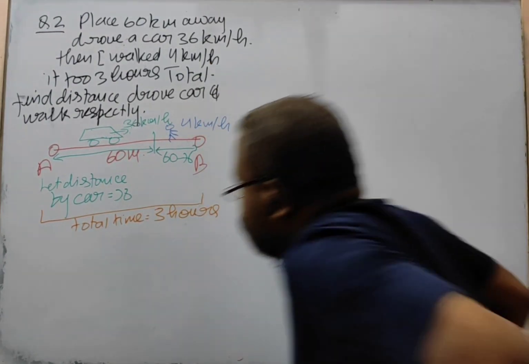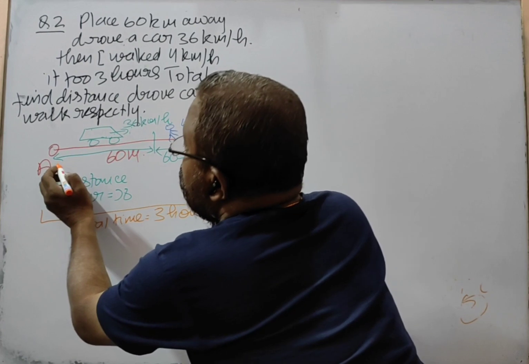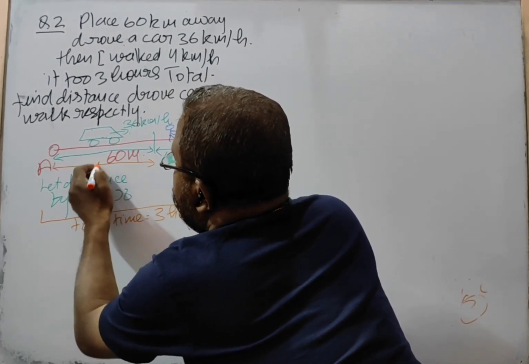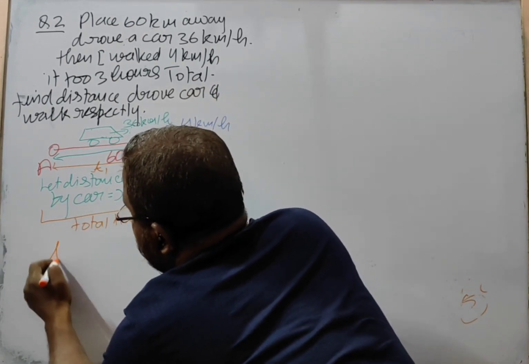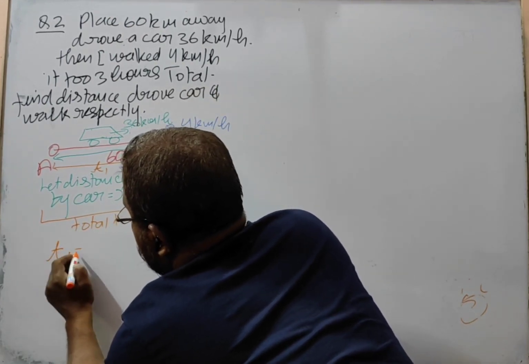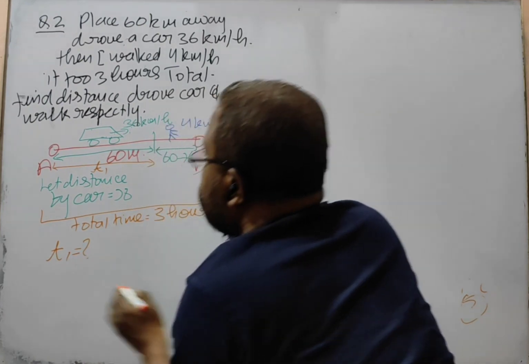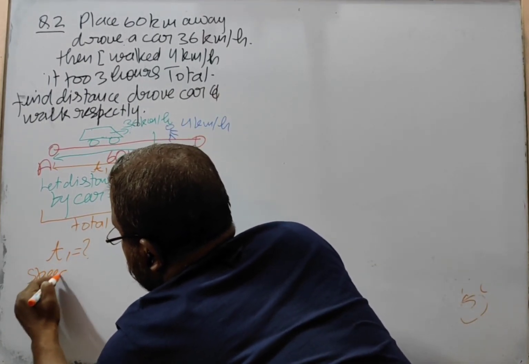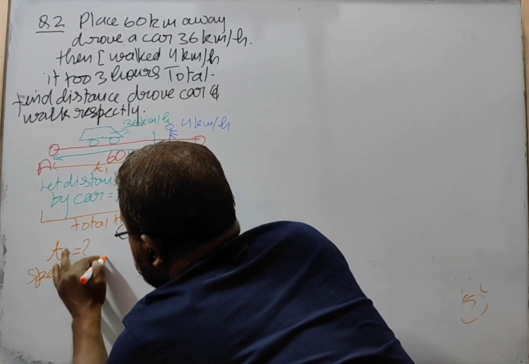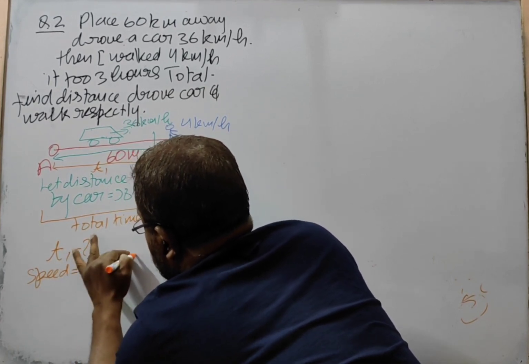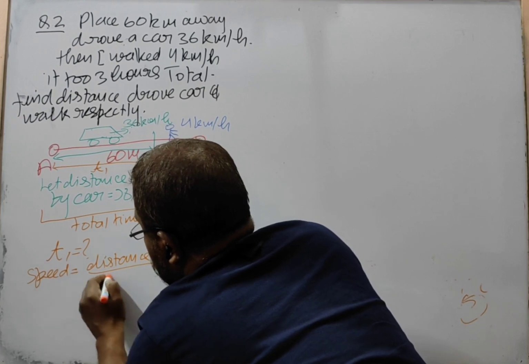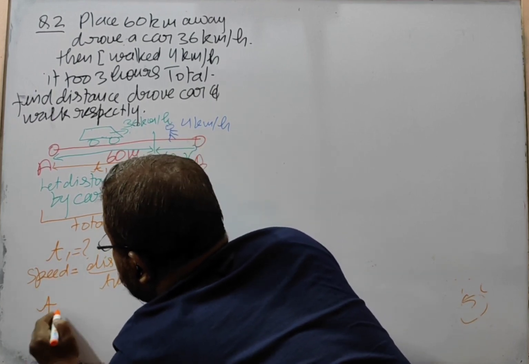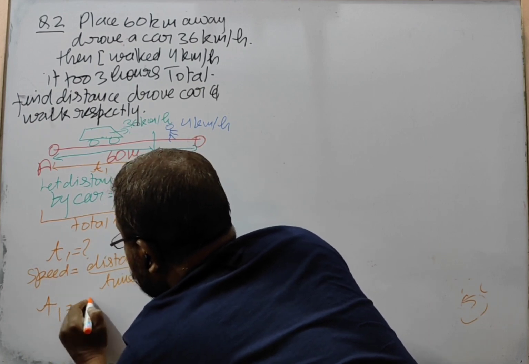Now, the time taken to travel from here to here, that is T1. We have to find it, as we know the formula that speed is equal to distance upon time. So time is equal to distance upon speed.